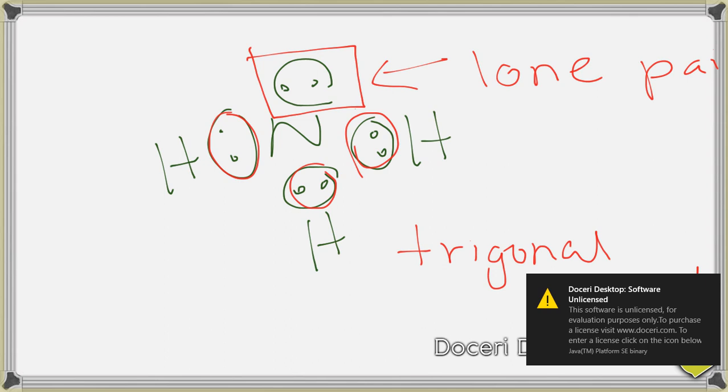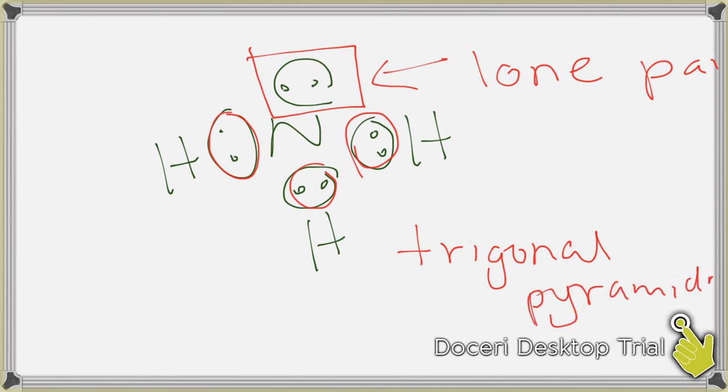If you have 2 electron groups, it's linear. 3 electron groups, it is trigonal planar. 4 electron groups, it's tetrahedral. And then with 4 electron groups, 3 bonding and one lone pair, as in this particular example, it's trigonal pyramidal. 5 electron groups, trigonal bipyramidal. 6, octahedral. So I let you have that table in the exam too.